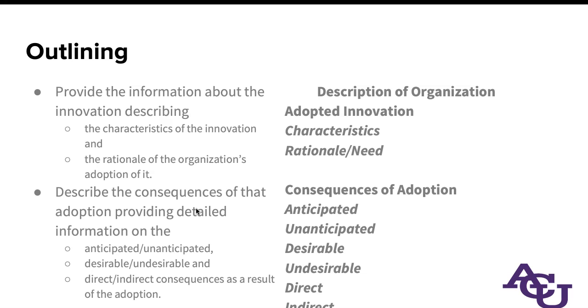You must cover this, but if it doesn't end up being a whole paragraph, you can merge them together and have, for example, 1 heading for anticipated and unanticipated consequences. So there's some fluidity there, but you want to make it clear that you are doing that thing that you were required to do. And it's good to start with these headings because that helps you align your topic sentences opening each section with those headings.